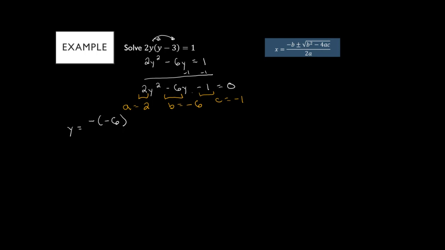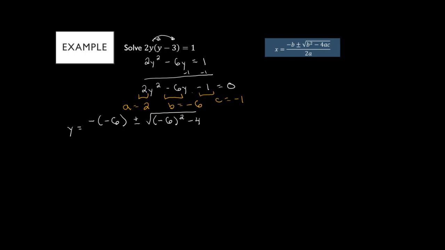Whenever you have a negative, it's best to put parentheses around it when you plug it in, so that way you still have that negative, and then b is negative 6. And this is true underneath the square root as well, because we're squaring a negative 6. So make sure you have parentheses around that.